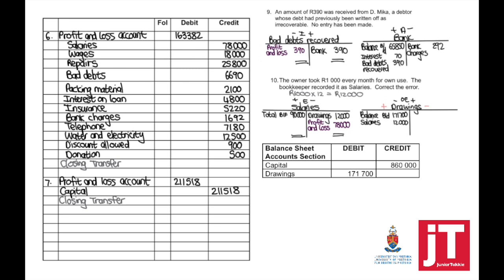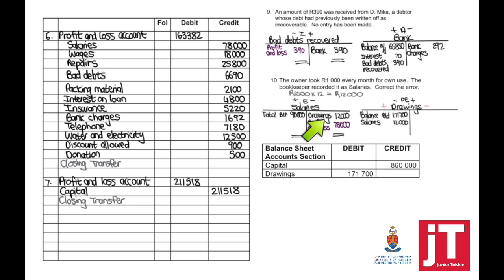The last step, drawings must be closed off to capital. But now, do not forget, we had an adjustment with regards to drawings. The balance brought down from the pre-adjustment trial balance was 171,700.